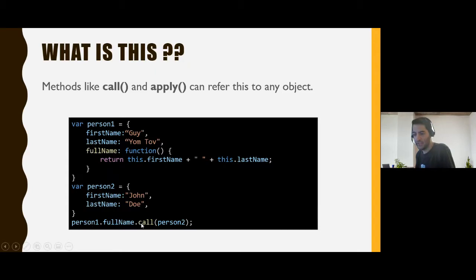So what I can do is person one dot full name, which is a function, and call it while giving it person two as a scope, so the this of this function is going to be person two, and what it's going to print is this first name and this last name of person two, which is John Doe, and not of person one, which is Gayom Tov.